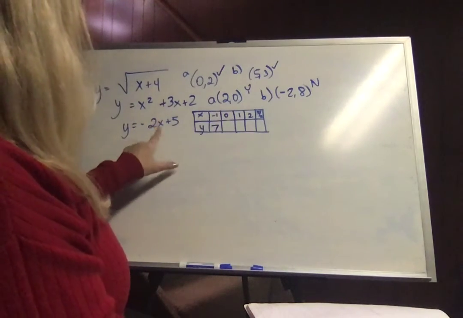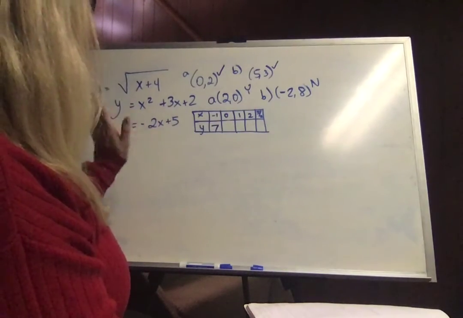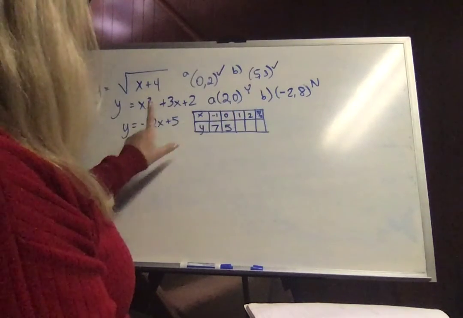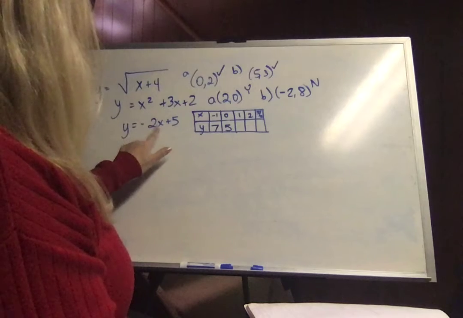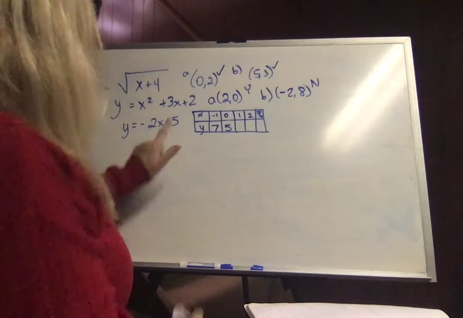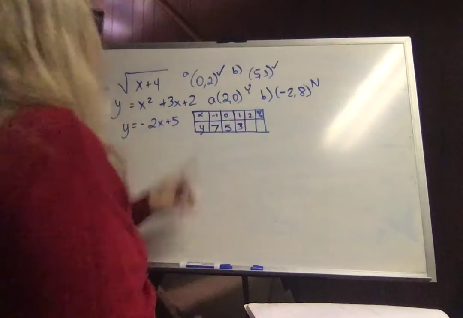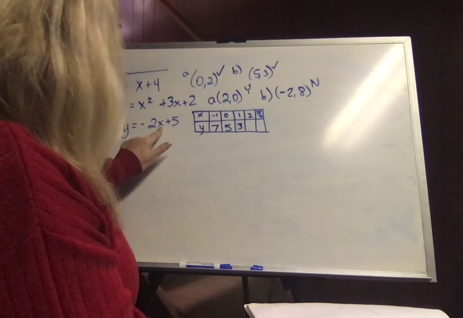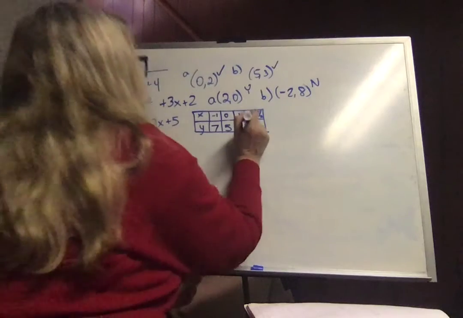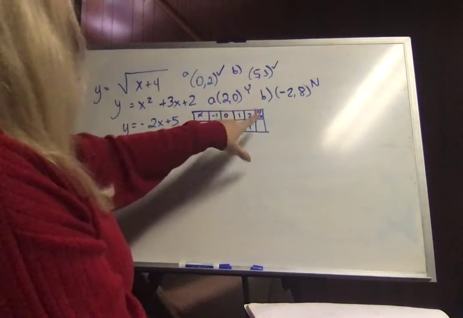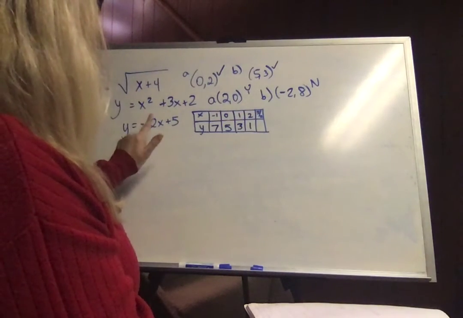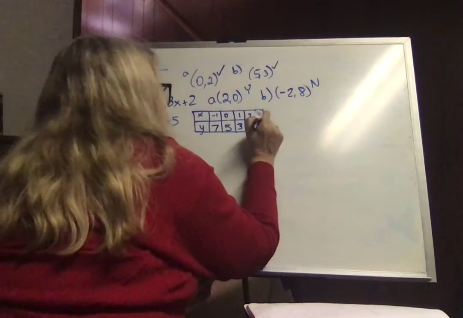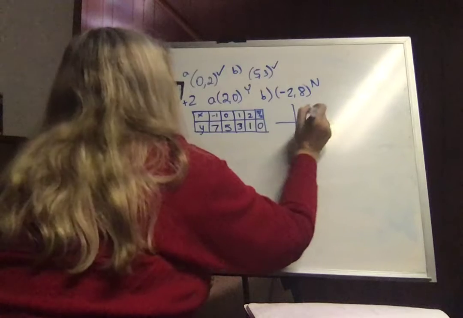If 0 is x, negative 2 times 0 is gone, plus 5 is 5. If 1 is x, negative 2 times 1 is negative 2, plus 5 is 3. If 2 is x, negative 2 times 2 is negative 4, plus 5 is 1. If 5 halves is x, negative 2 times 5 halves is negative 5, plus 5 is 0. And then you would graph those points.